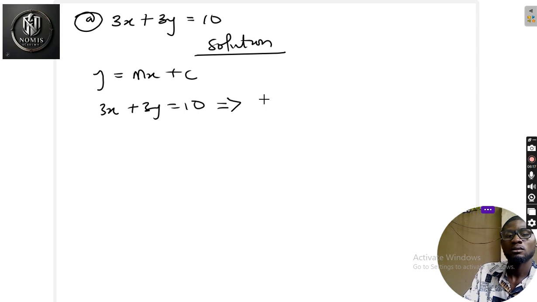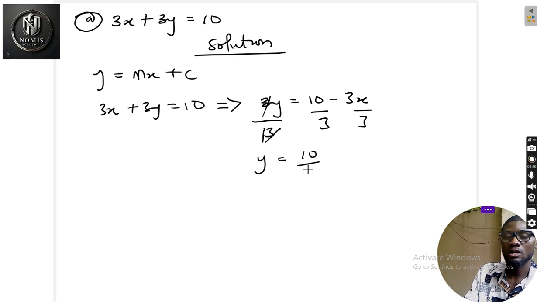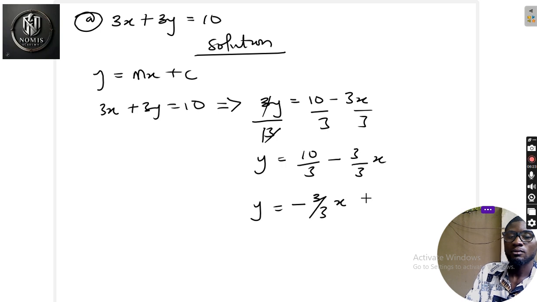So this is 3y equals 10 minus 3x. Divide all through by 3. So when you divide all through by 3, y equals 10 all over 3 minus 3 all over 3x. So you arrange it to look like the equation of a straight line: y equals minus 3 over 3x plus 10 all over 3. 3 divided by 3 is 1.